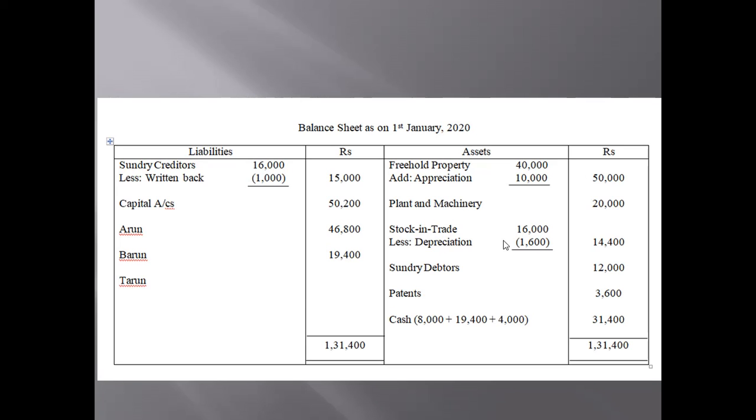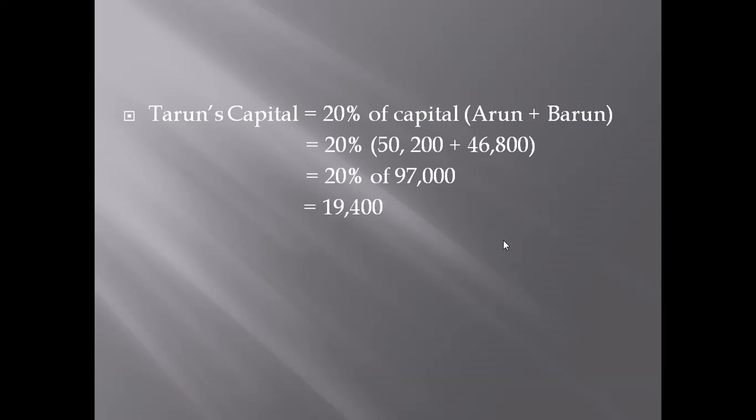Now cash. Cash was already 8,000 in the business, isn't it? Now, when Tarun is being admitted, Tarun is a new partner, so when Tarun was admitted, he will bring how much? He will bring this amount, 19,400, isn't it?